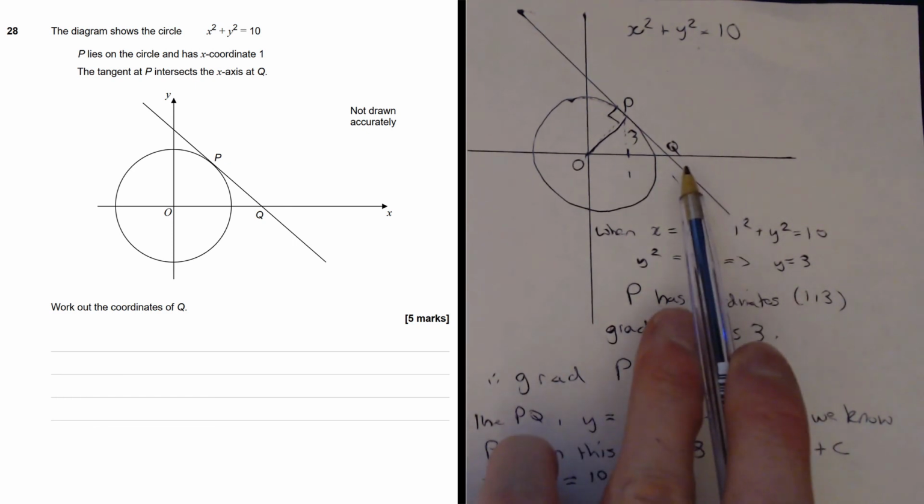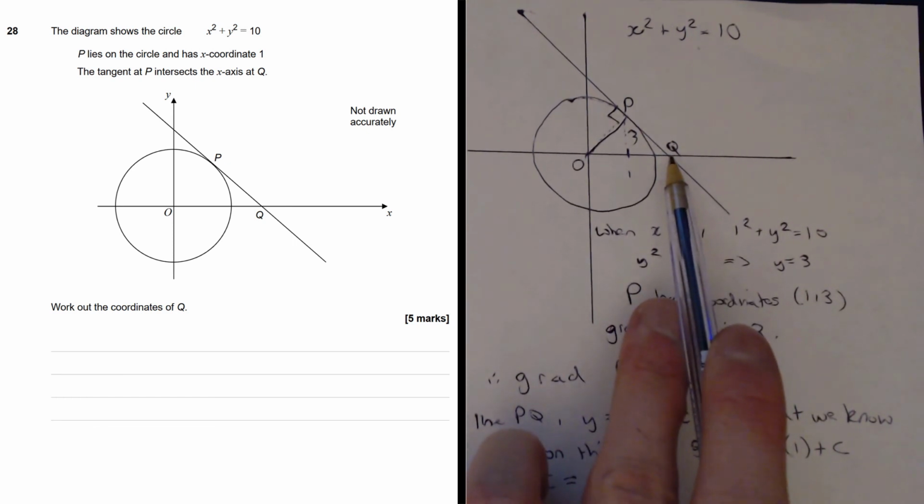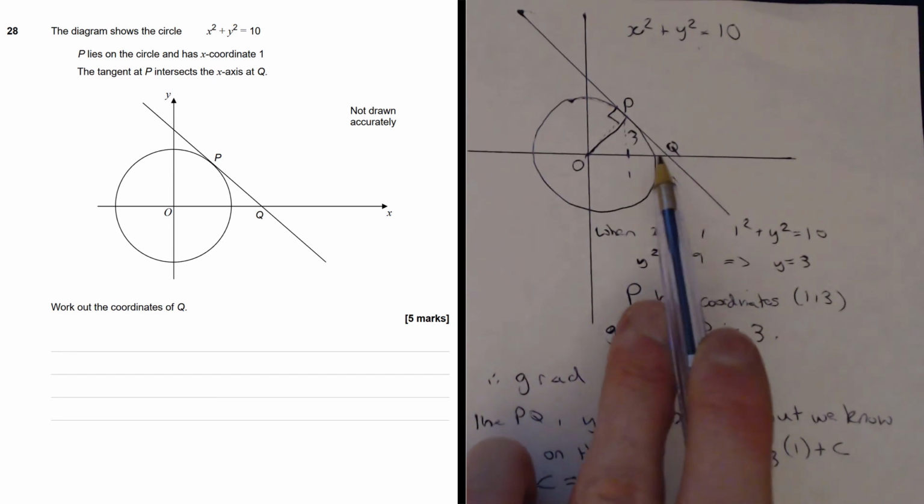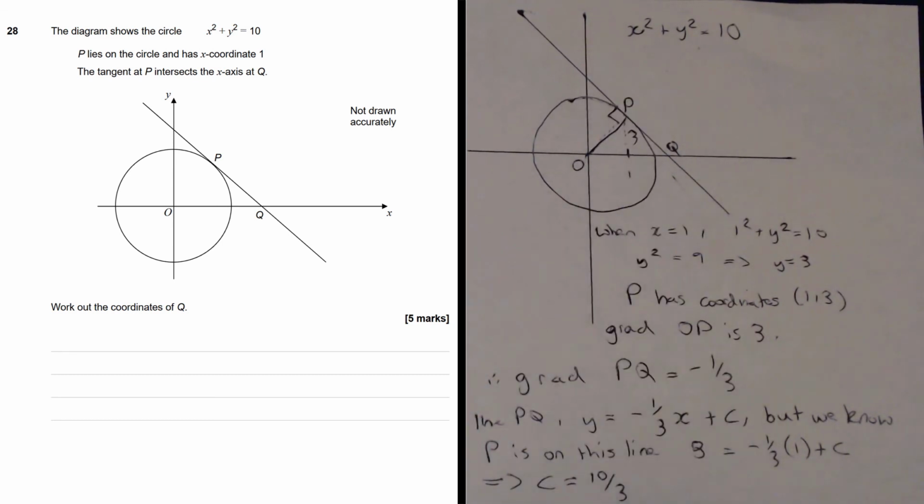So now how do we find the point Q? Because we know Q lies on this line. Well, this happens when y is 0. So for Q, we're going to put 0 into this. So 0 equals minus a third x, which is minus 1 over 3 x, plus c, which we know is 10 over 3.